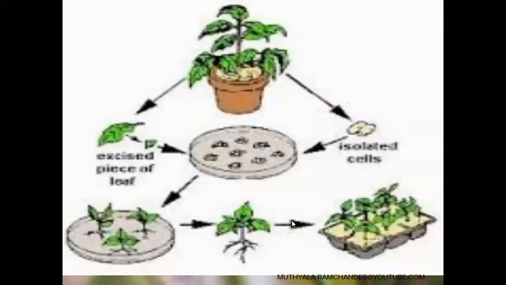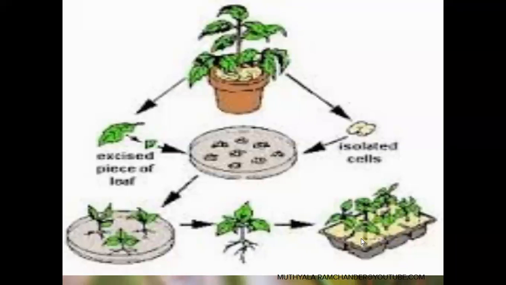After organogenesis, we can easily identify some plantlets on the petri dish. Those plantlets are transferred to pots before plantation outside. The pots are kept in a proper environment.